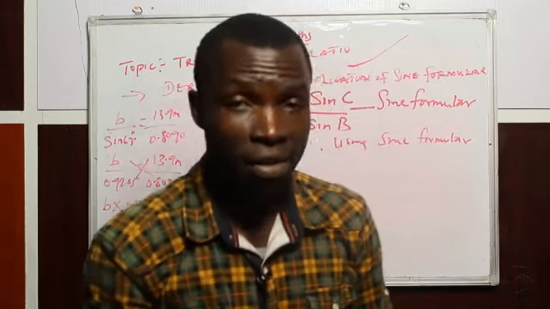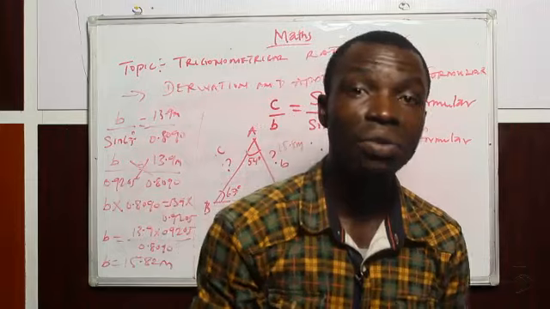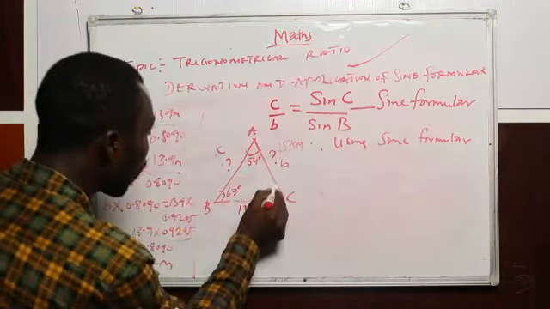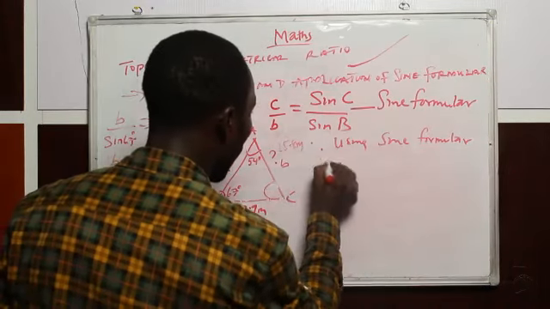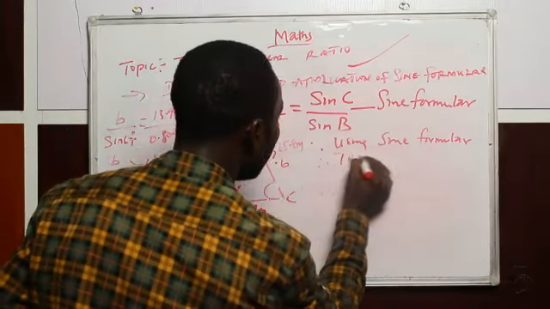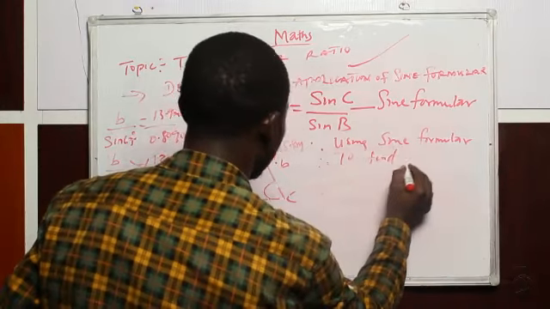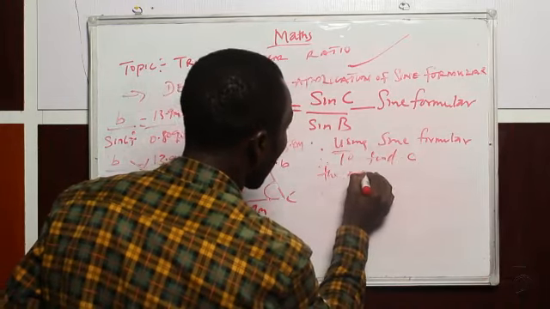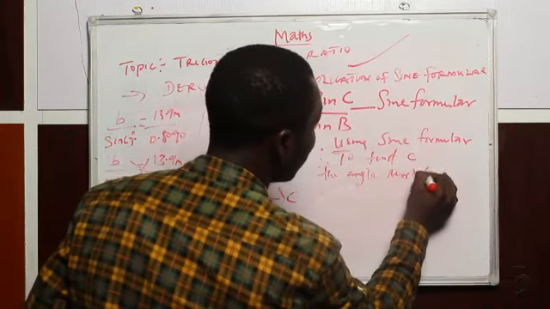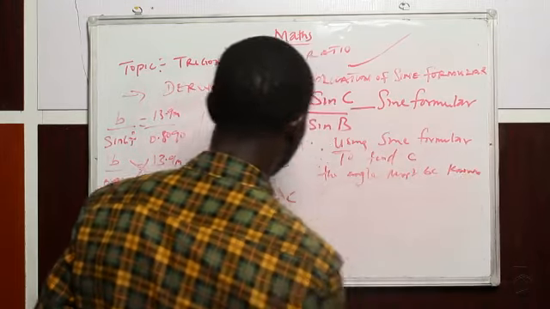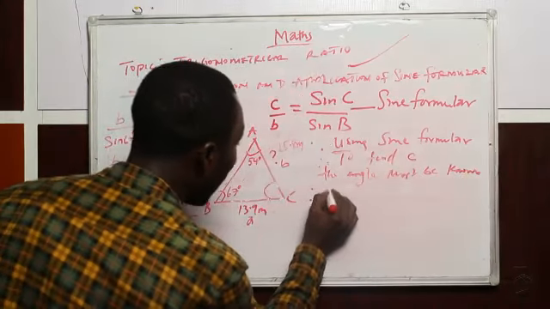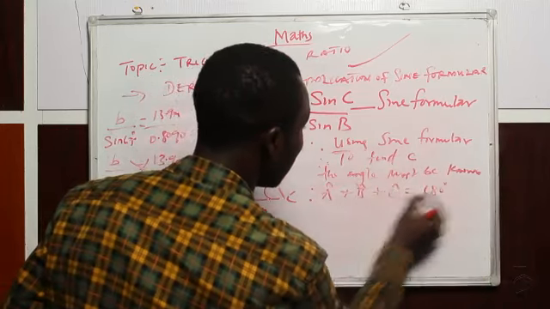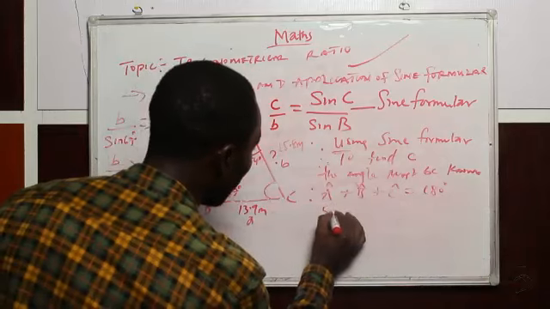Remember that the sum of angles in a triangle is equal to 180 degrees. So you sum up the angles to find C. Therefore, angle A plus angle B plus angle C equals 180 degrees. What is A? 54 degrees.